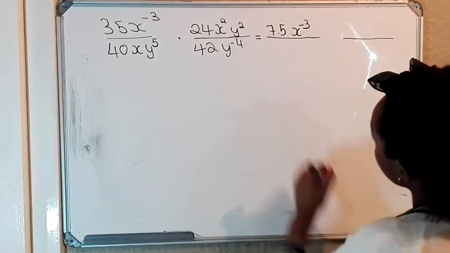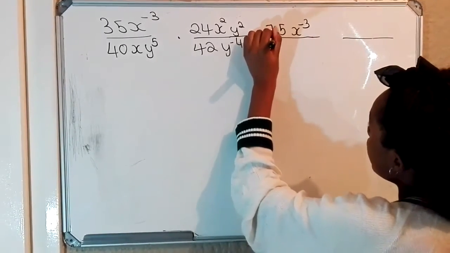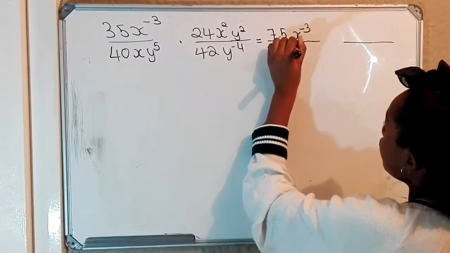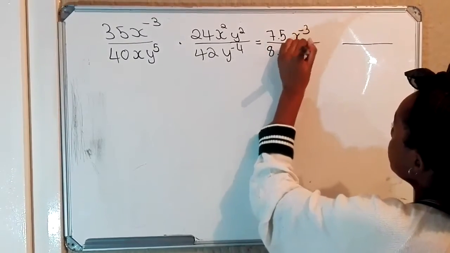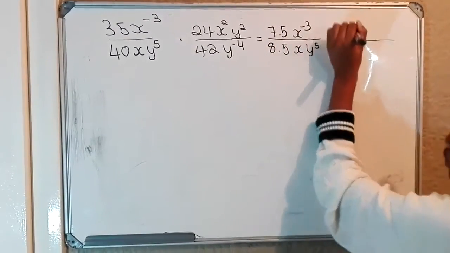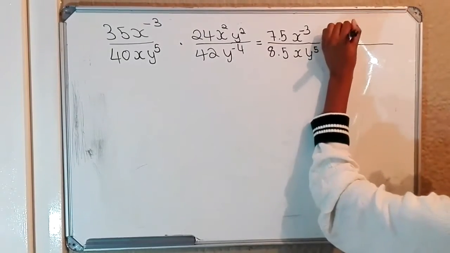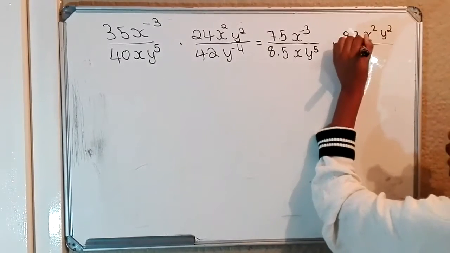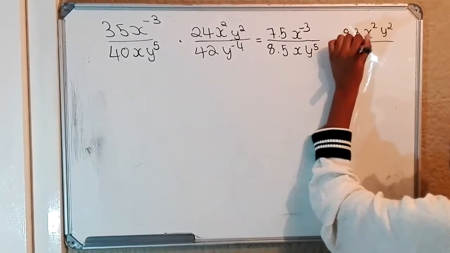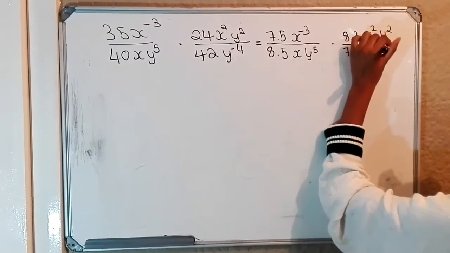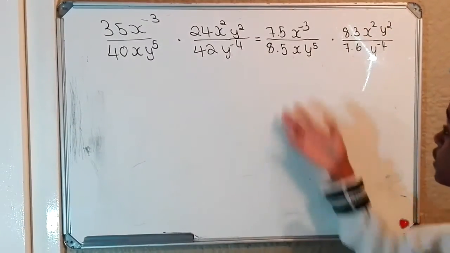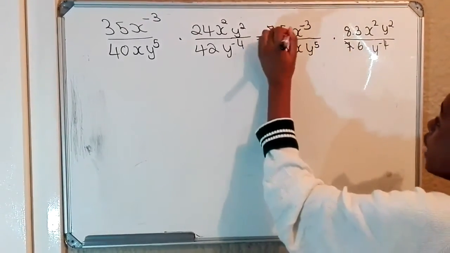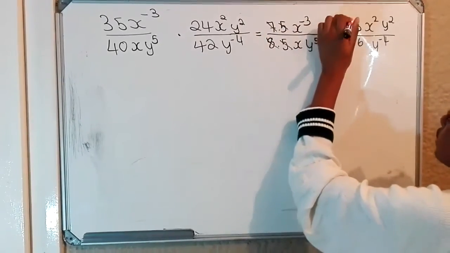Okay, and 40 is also the same as saying 8 times 5, x y to the power of 5, times 24, which is also the same as saying 8 times 3, x squared y squared, and 42 is also the same as saying 7 times 6, y to the negative 4. Okay, so now that I have this, I can now cancel. So I can cancel 7 and 7, 5 and 5, 8 and 8.